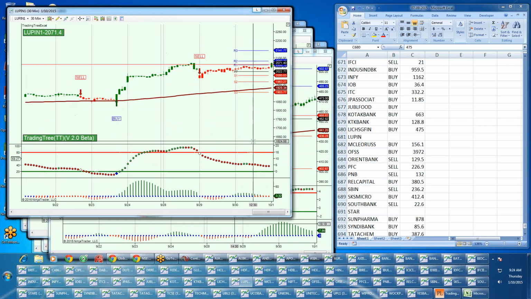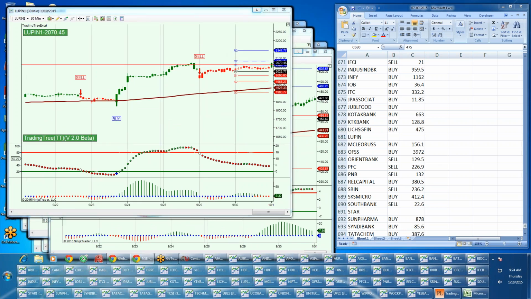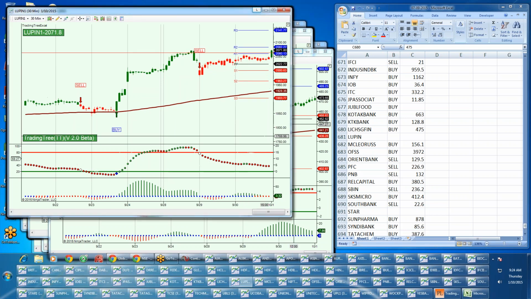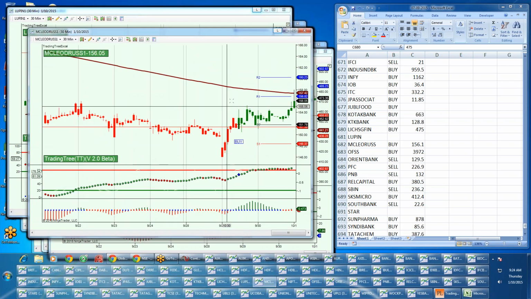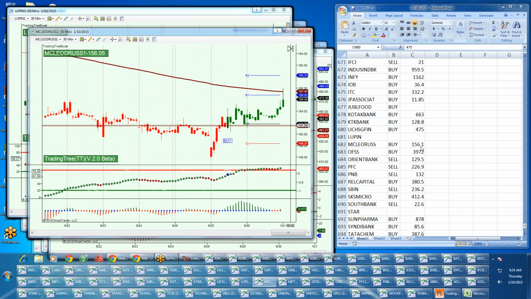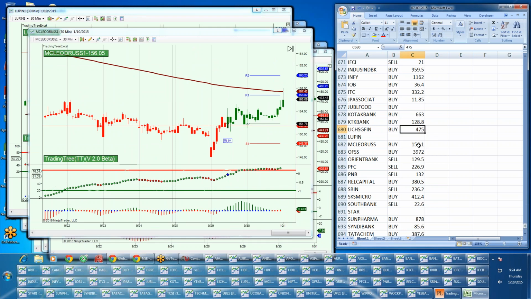Lupin, we should be getting a buy call. Pharma is also up. CNX Pharma is 1.16% up. McLeod, again, the FMCG pack, 156.10 is the entry.